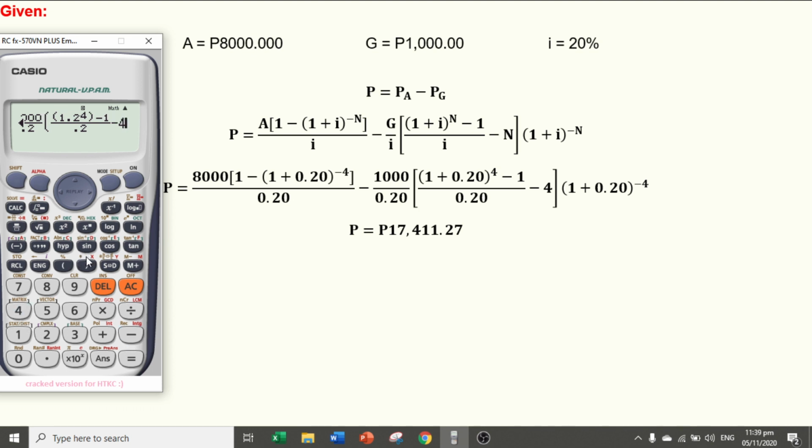Ang haba, no? Haba niya i-type sa calculator, unlike sa Caltech na mabilis lang. Raised to negative 4. Oh, saan ako namali? Sa parenthesis ko to. Yan kasi minamadali eh. Dito yan. Kita ko na mali ko. Oh, 17,411.27 pesos. So, yan yung value ng ating present worth.